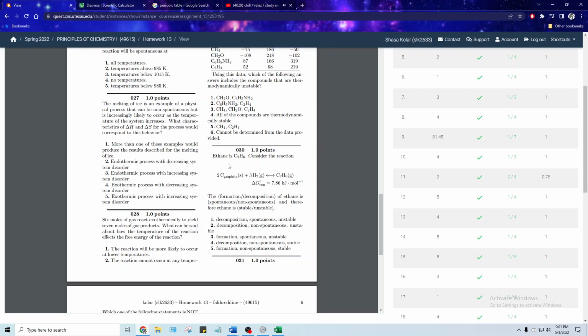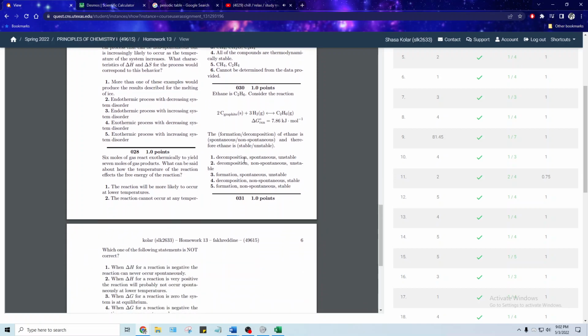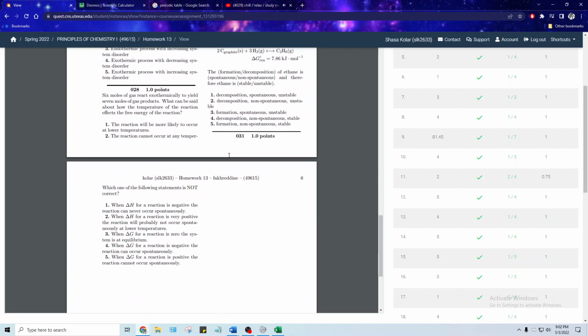Okay, I mean, it's true. The decomposition of ethane is spontaneous, and the ethane is... Oh, I figured it out. I turned my brain on there for a couple seconds, and it worked. The reason that number 1 is right is because ethane is unstable and will spontaneously burn, or break down, or whatever. Its decomposition is spontaneous, and ethane is not stable. There we go.